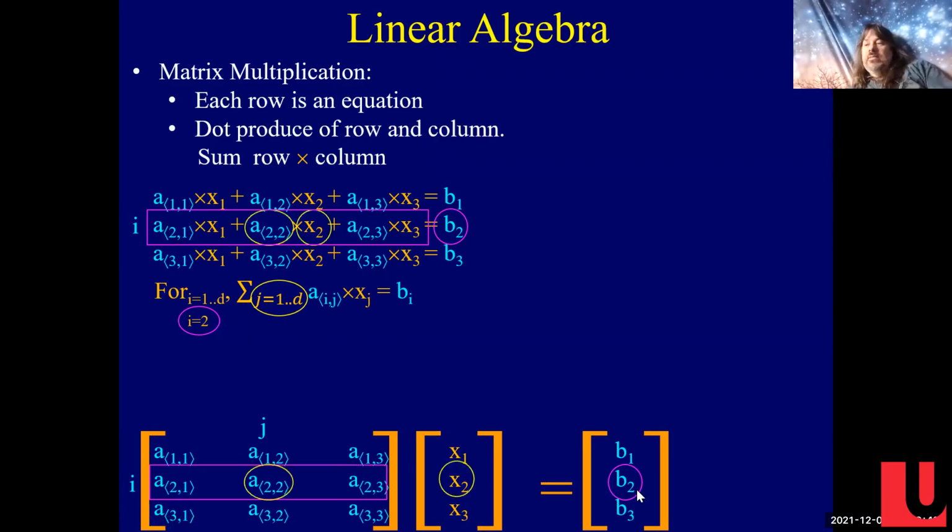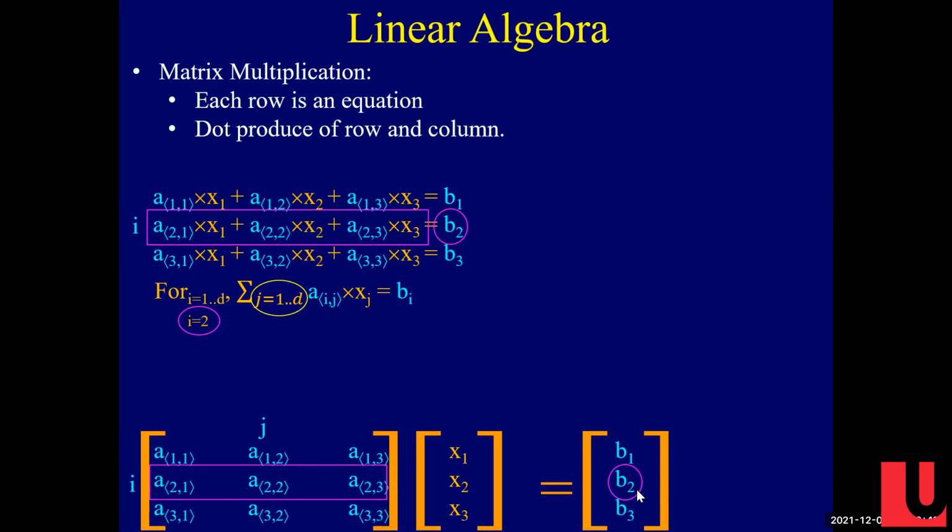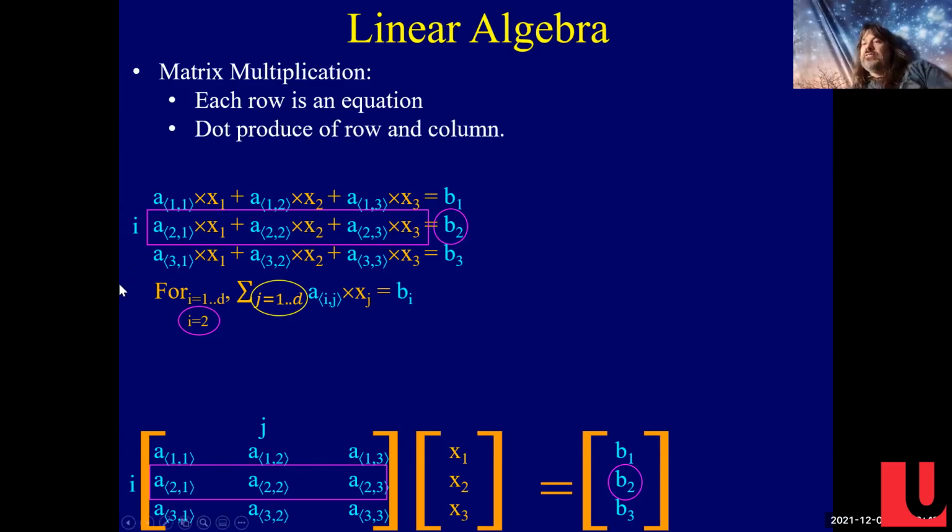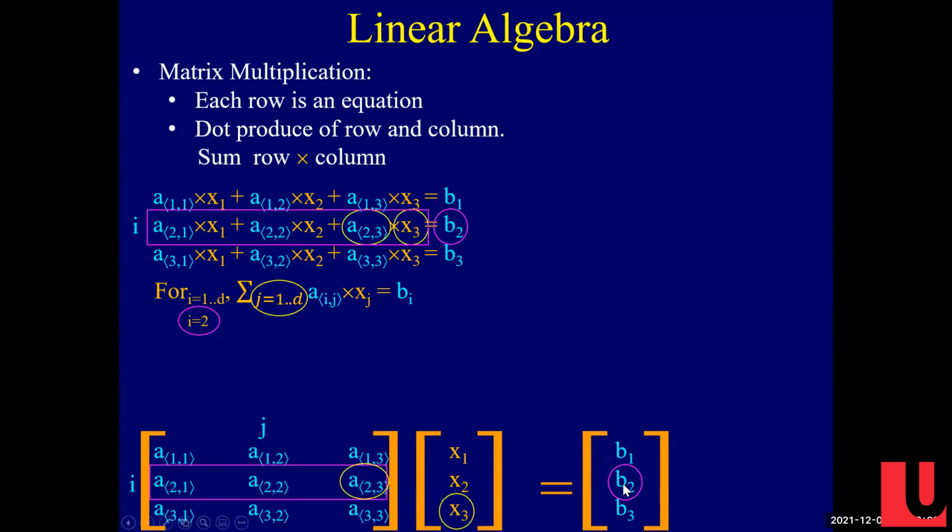Does that make sense? Yes. Remember that's matrix multiplication. For each row here, we take the corresponding row here, and you go this times this plus this times this plus this times this equals that value, right?